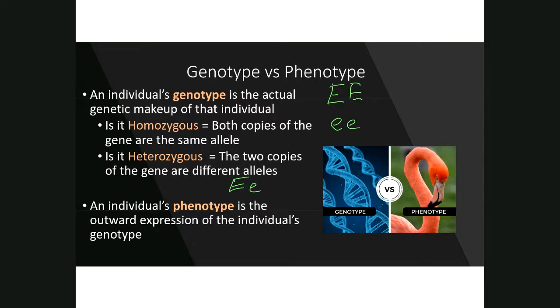And compare that to what a phenotype is. A phenotype is the physical expression. I've already said this before, but now we're going to clearly define it. Phenotype is the physical or outward expression that is caused by the genotype. Now, there are some other factors. There are environmental factors. There's also the issue of epigenetics, but we're going to keep it simple here in Bio 11.